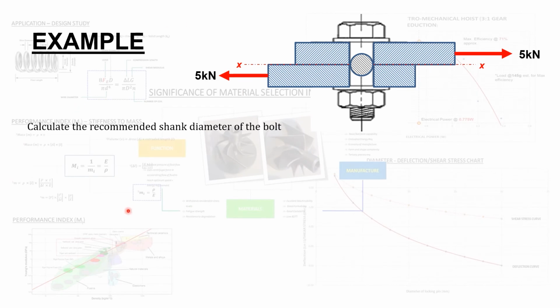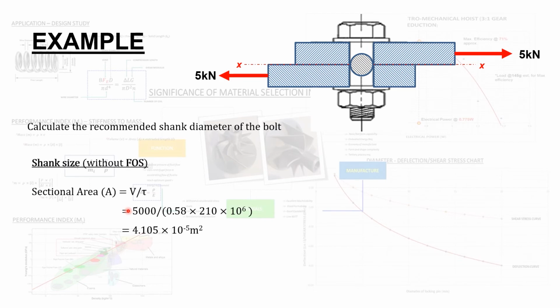Right, now that we've worked through that problem, let's do a very quick summary to end this presentation. As we've more or less stated previously, we're assuming that we're not factoring any safety factor, or factor of safety, if you want to call it that. Since shear stress is equal to V over A, all we have to do is transpose the equation to make the sectional area the subject.